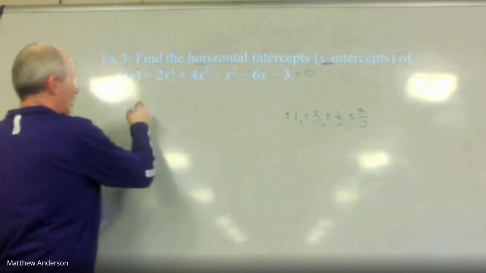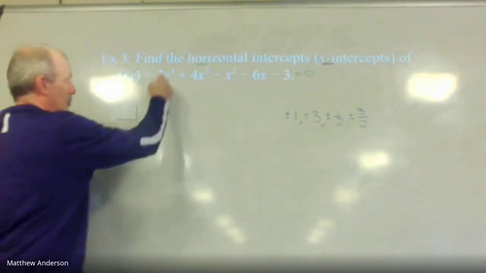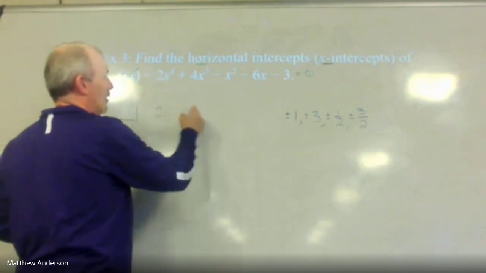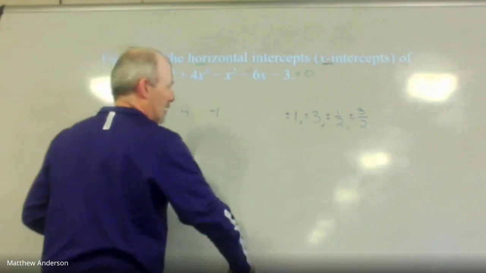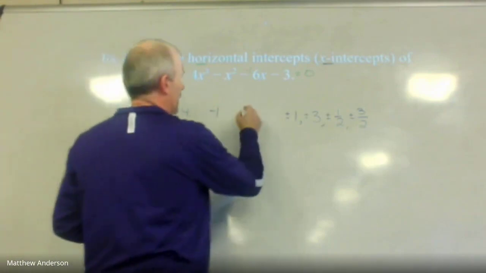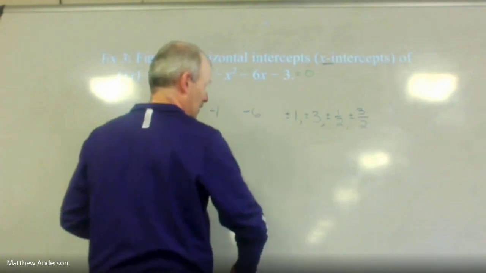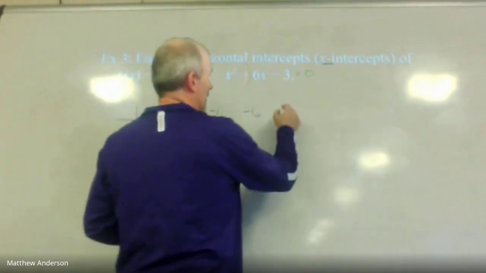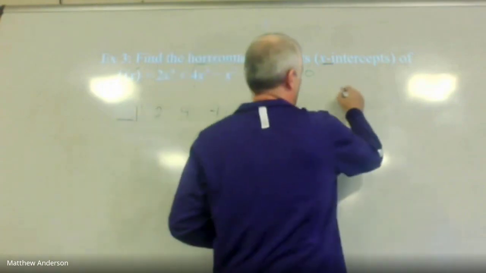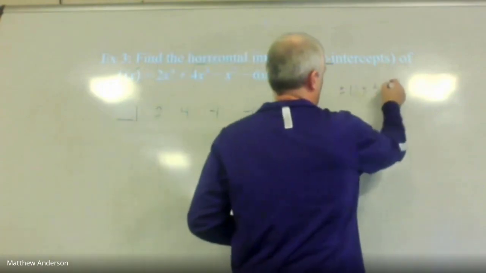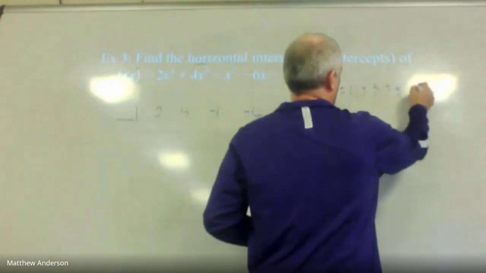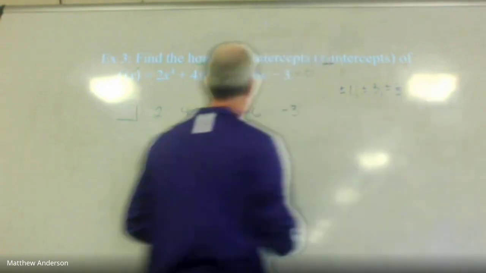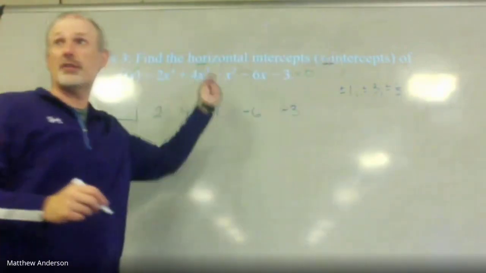Usually we're going to do synthetic division, and we'll put down our 2 and our 4, -1, -6, -3. I'll put them here. Okay, so this is our polynomial that we're going to divide.